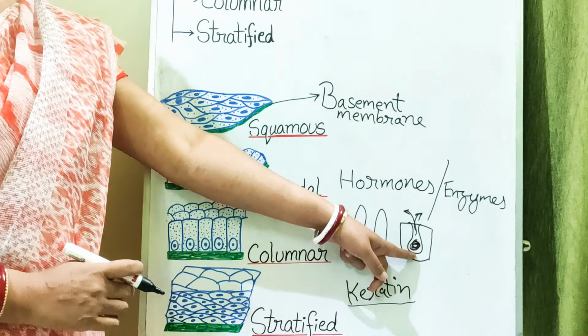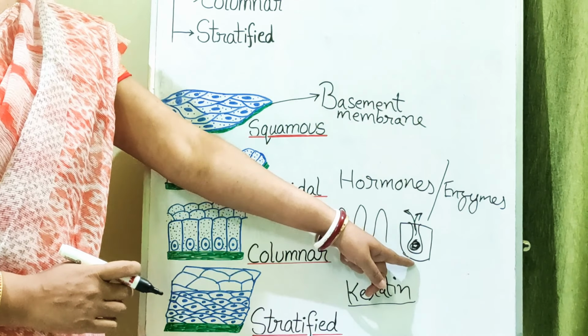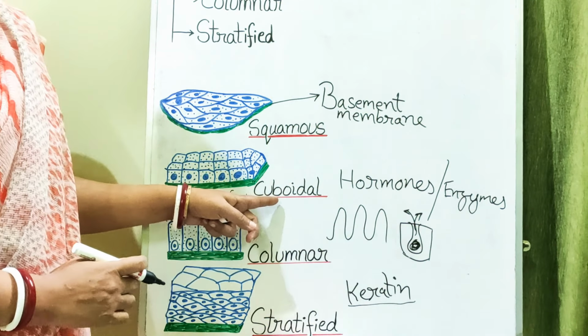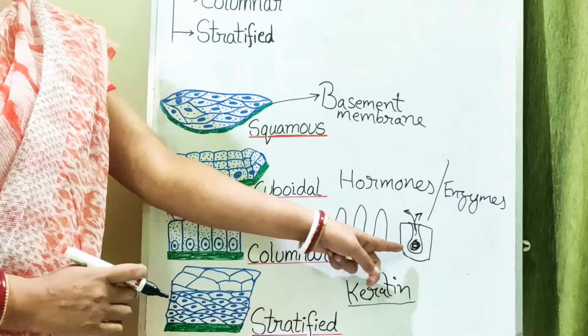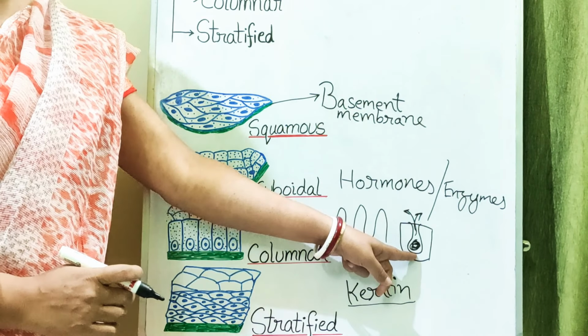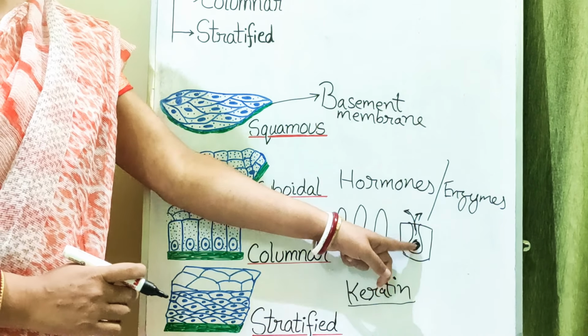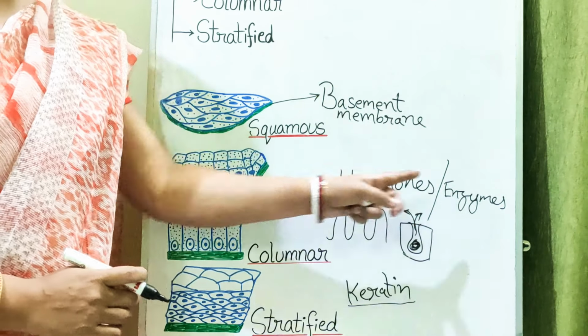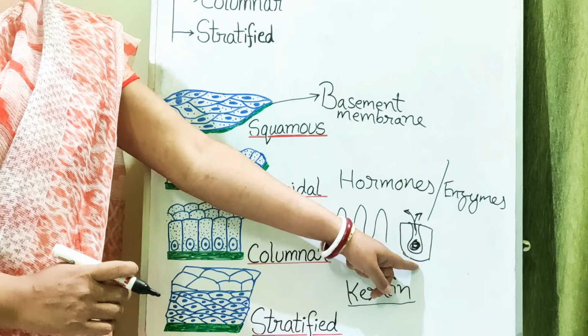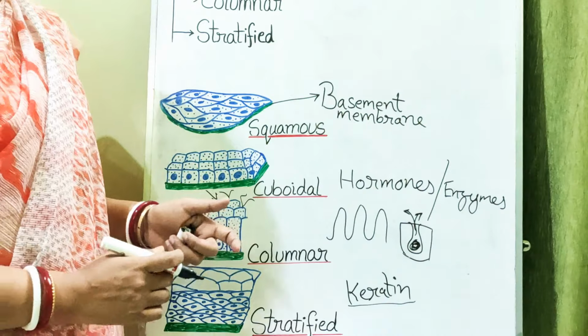Since they are provided with glands, they are known as glandular epithelial tissues. So either cuboidal or columnar tissues, when they form this kind of structure inside their cell to release hormones or enzymes, have a special name: glandular epithelial tissues.